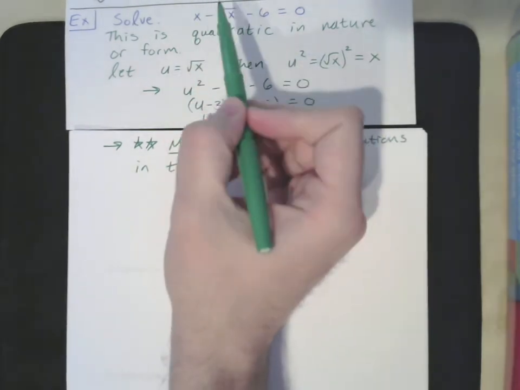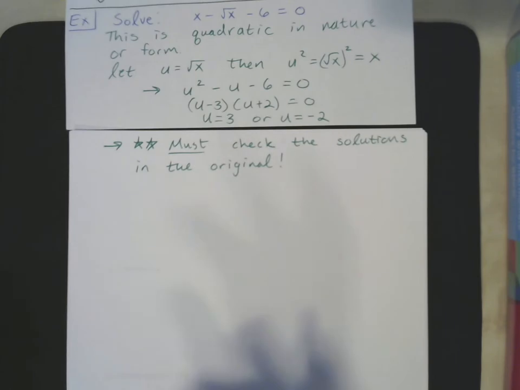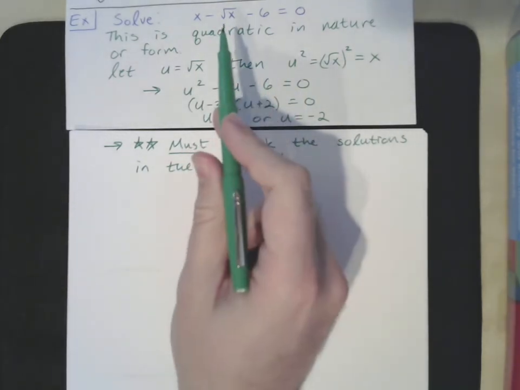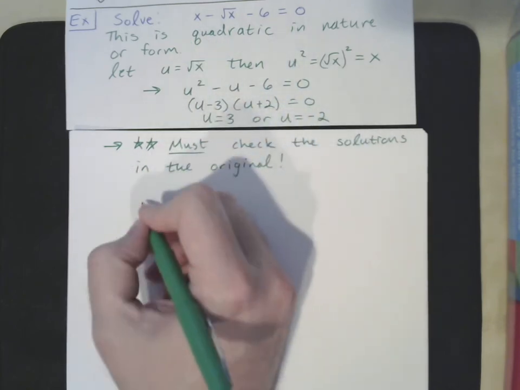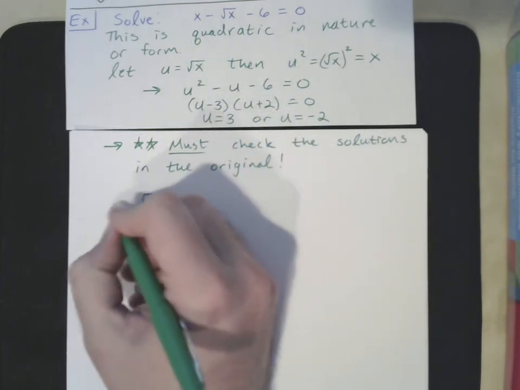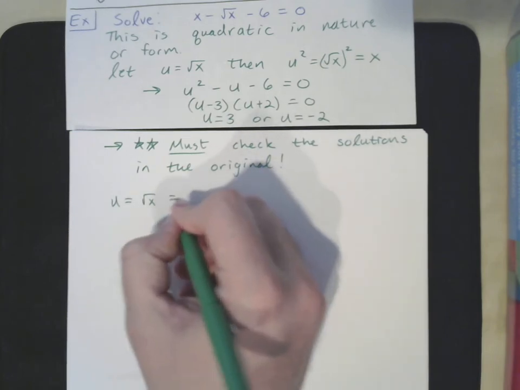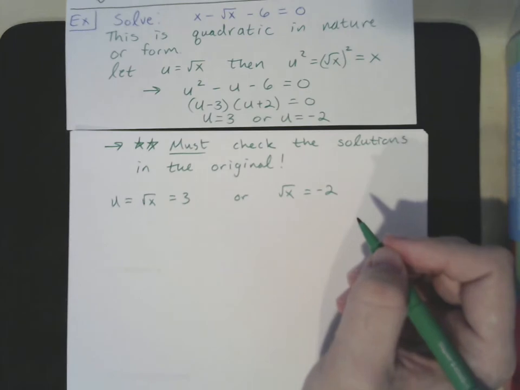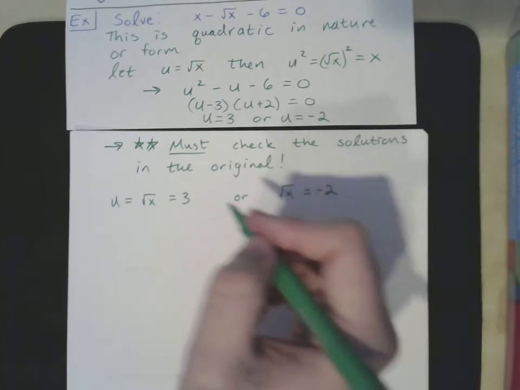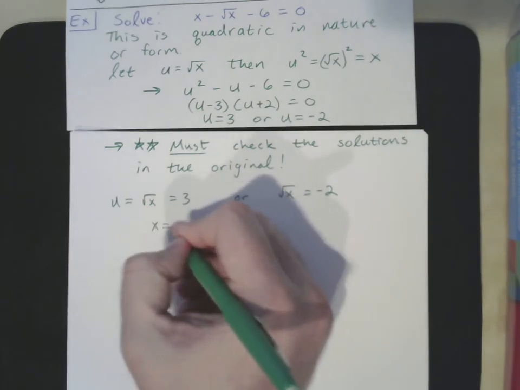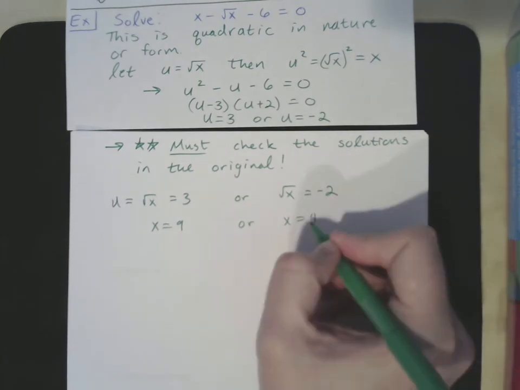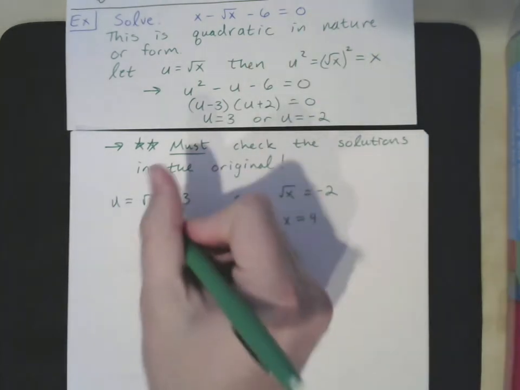If we're going to check in the original, that means we need to get x values, which is what we wanted anyway, because the equation didn't ask for u's, it asked for solutions with x's. So that means the square root of x, because that's what u is, equals 3, or the square root of x is negative 2. And so that means that we have x equals 9 or x equals 4. So now we can go back and check these.